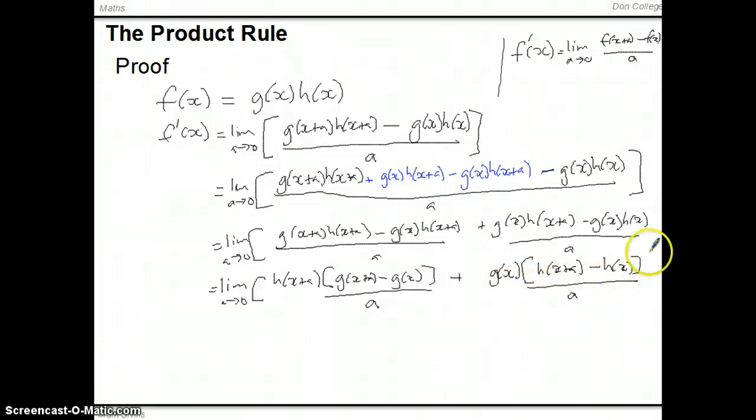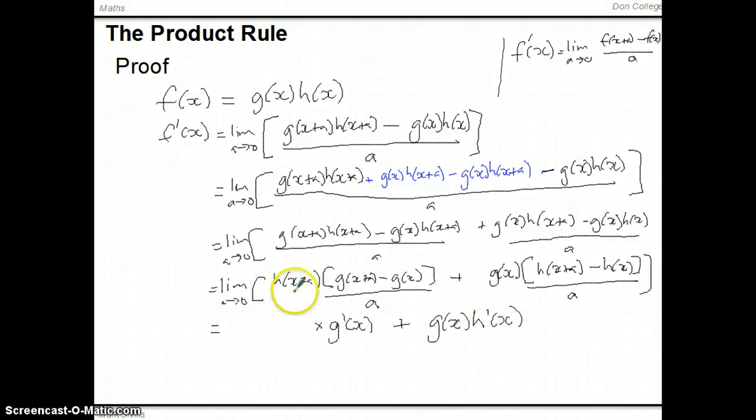Now, I don't know if you can see what's going on here, but this here is, by definition, as a approaches 0, g dash of x. And this over here is, by definition, h dash of x. So what I've got as a approaches 0 is this, I'll come on to this in a second, multiplied by g dash of x plus g of x times h dash of x.